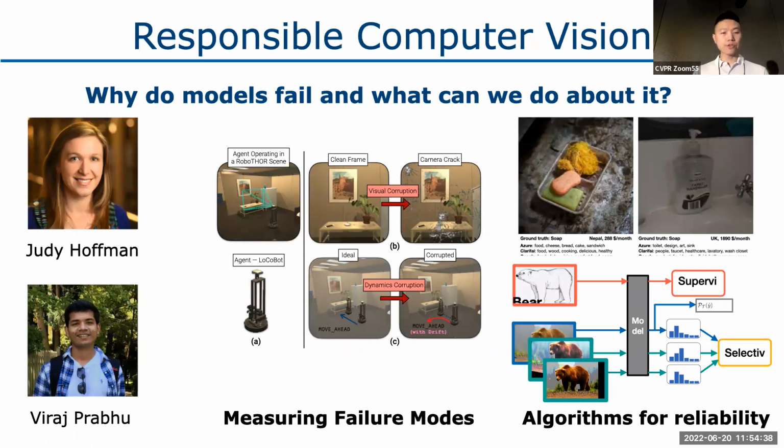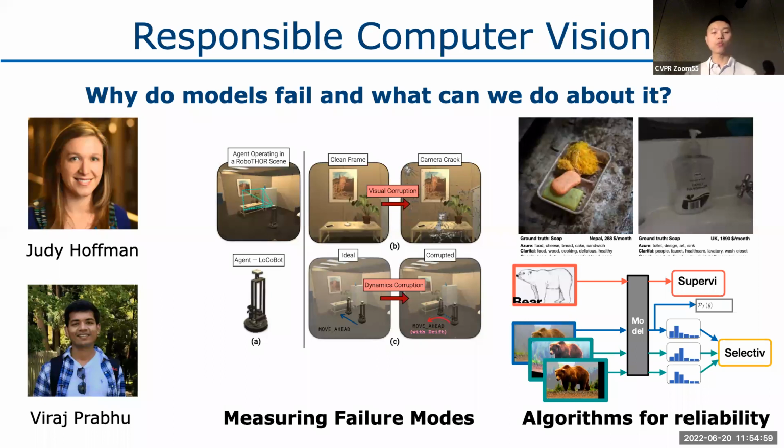The first lecture will be given by Professor Judy Hoffman and her PhD student Viraj Prabhu. Professor Hoffman will talk about responsible computer vision. She will show you what we can do about it.